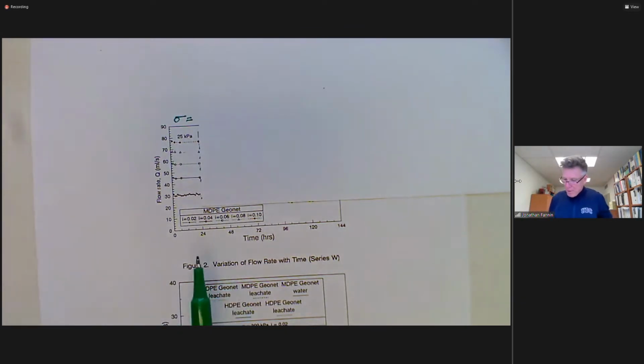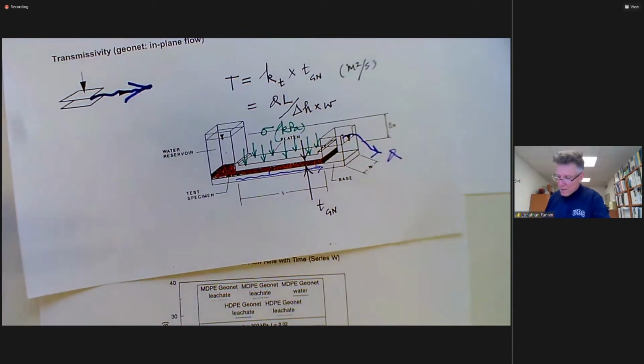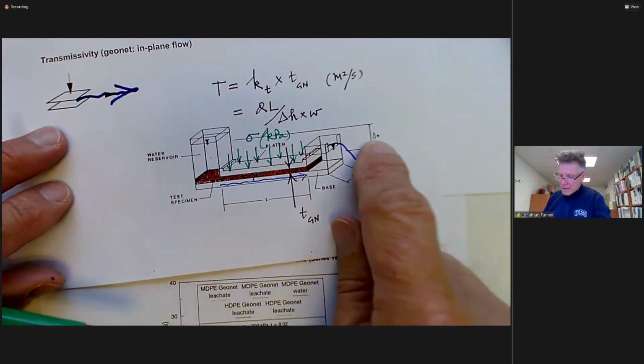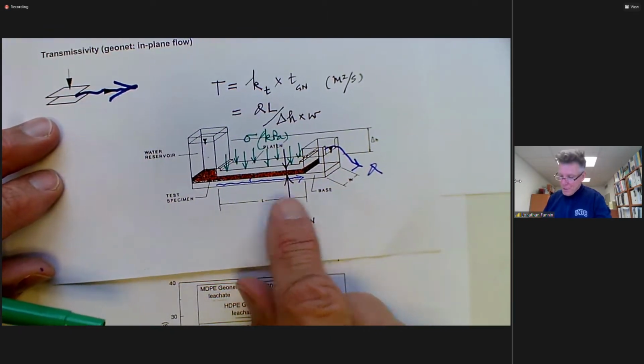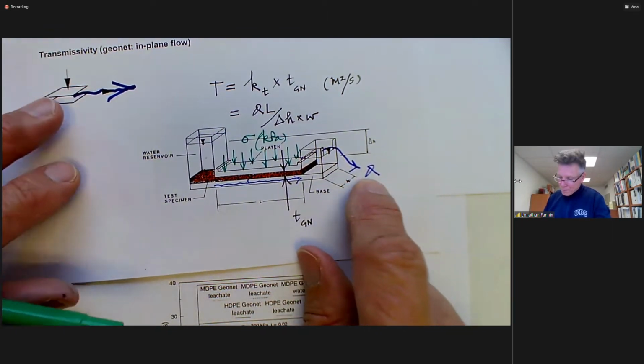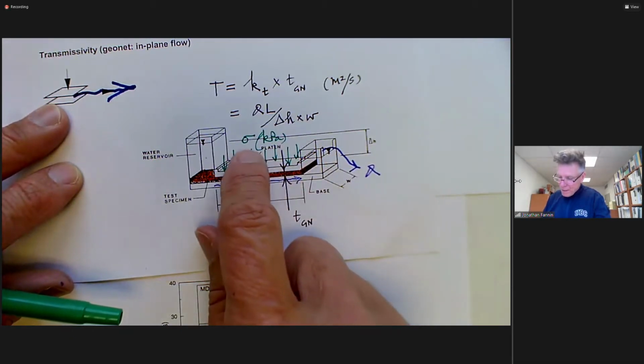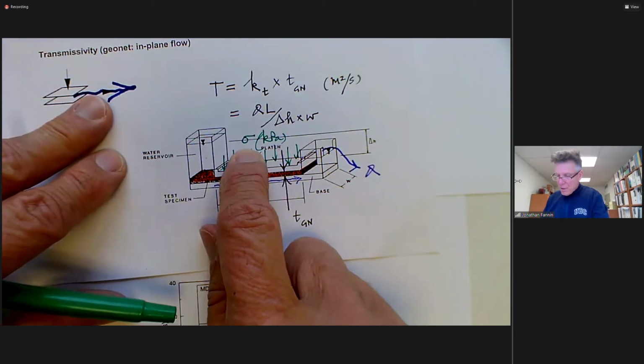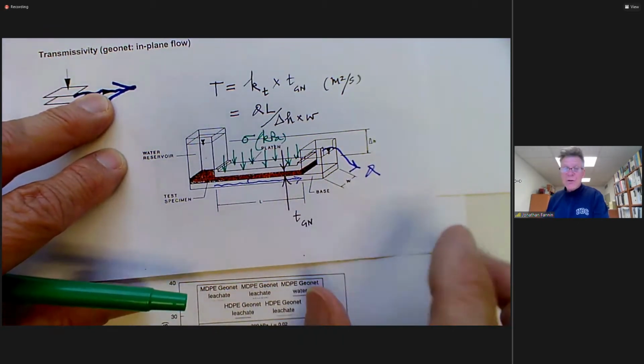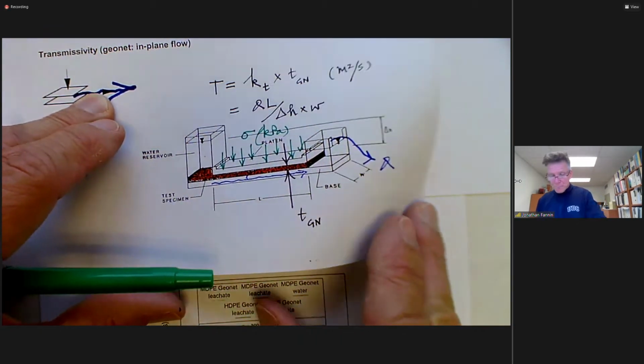Okay, the hydraulic gradient I, we'll go back to the previous page. By inspection, the hydraulic gradient I is going to be delta H over L. So here we have Q, the hydraulic gradient delta H over L, as a function of sigma, initially held constant, and the hydraulic gradient stepped up.